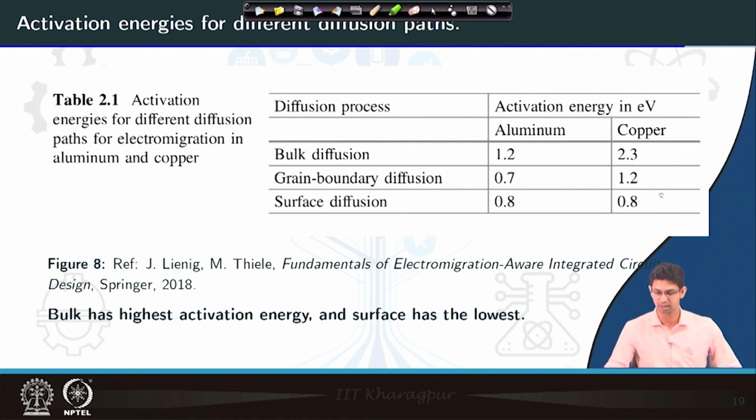Remember, activation energy was coming as e to the power EA in your median time to failure. So, the higher your activation energy, the greater your median time to failure, and the device will work better for a longer time. So, we want a higher activation energy.